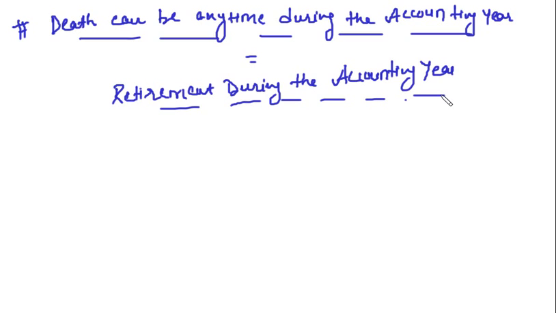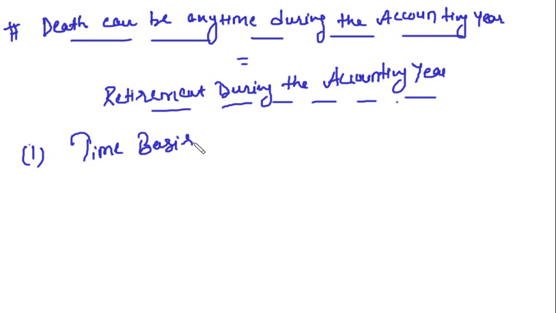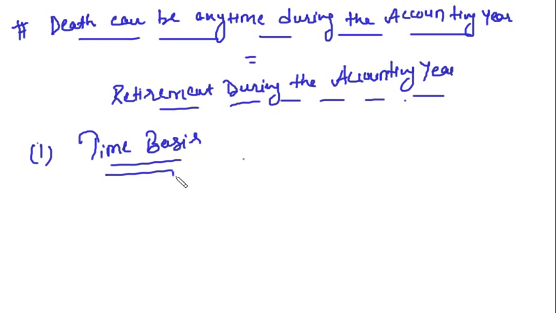But there is one method that is added. There are two ways of calculating it. One is on time basis. On time basis, it is absolutely same to what we have done in retirement during the accounting year.